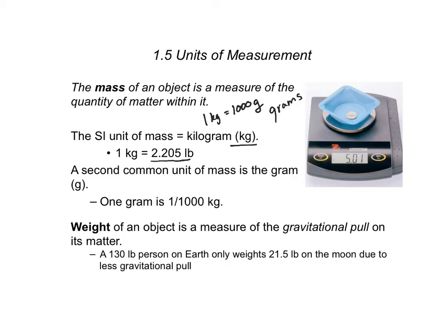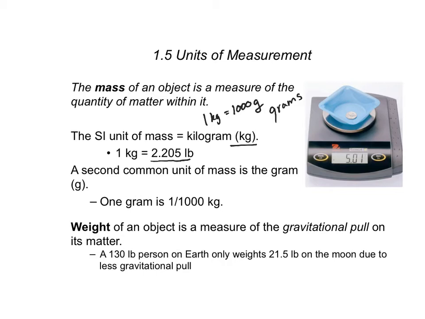But what's the problem with trying to convert those two? A kilogram is a unit of mass, which is essentially a unit of how much stuff there is in something. What is a pound? Pound is a measurement of weight, and weight is a measurement of force.